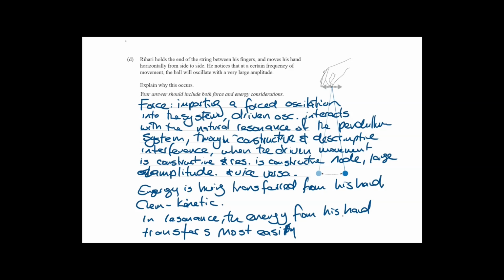And when the forced oscillations match the resonant oscillations, you get a big amplitude, and when they are antinode to each other, you'll get a much reduced one. So it's going to sort of go little, big, little, big, little, in that sort of format. It's not going to go big, little, big, little.